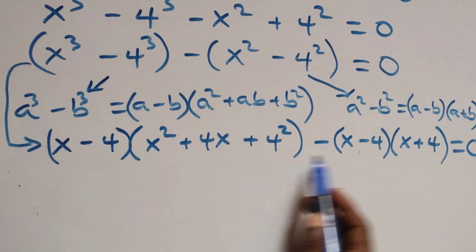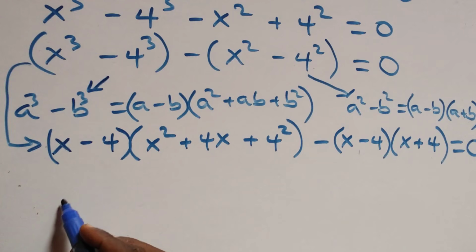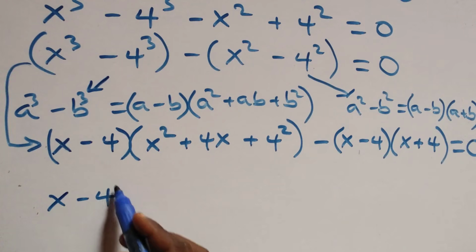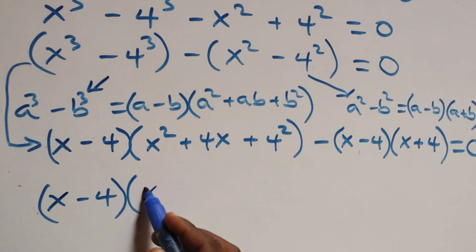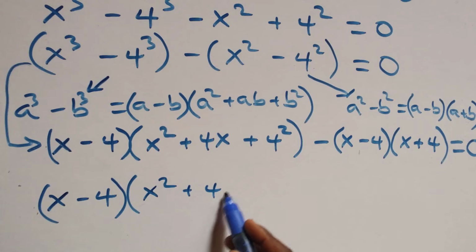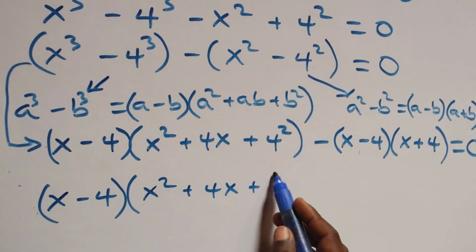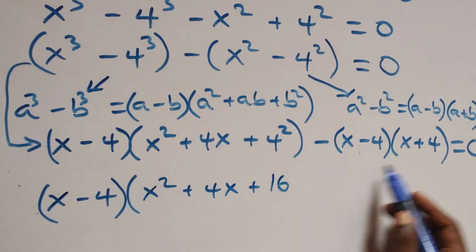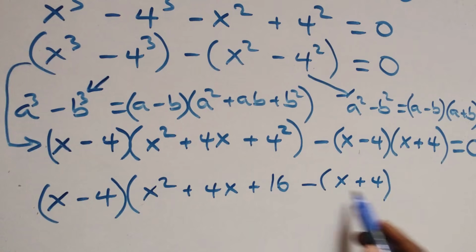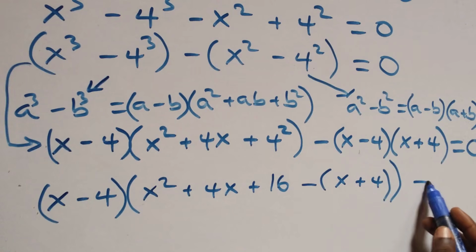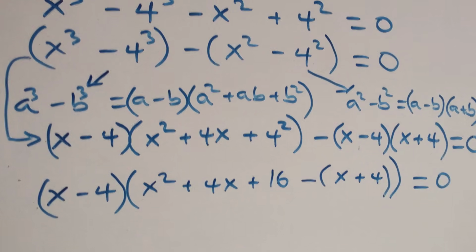Then here, x minus 4 is common, factor it out and this becomes x minus 4 into brackets and open brackets. Here we are left with x squared plus 4x plus 4 squared as 16. Then this becomes minus into bracket x plus 4 left, close bracket, then close this bracket, equals to 0 here.